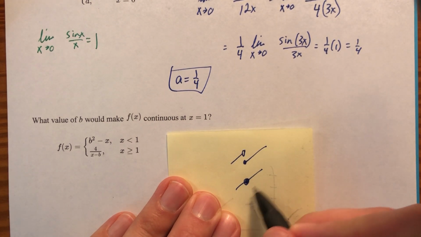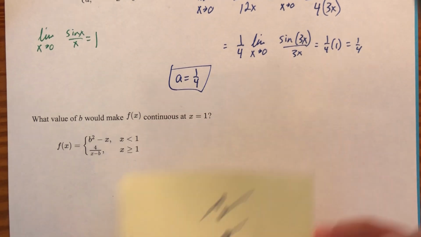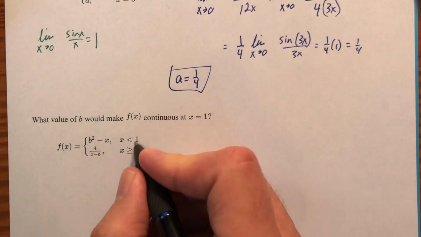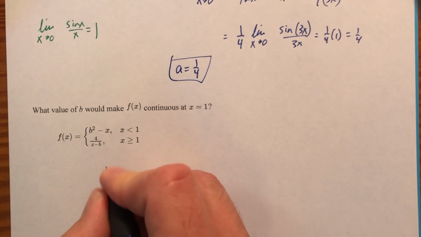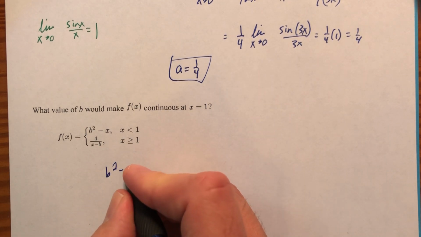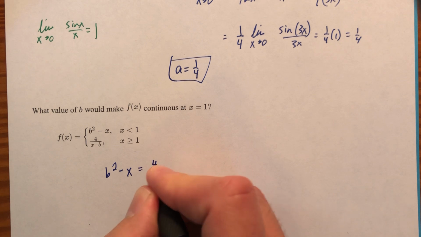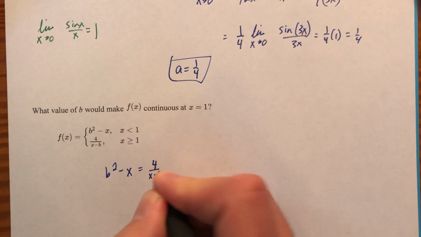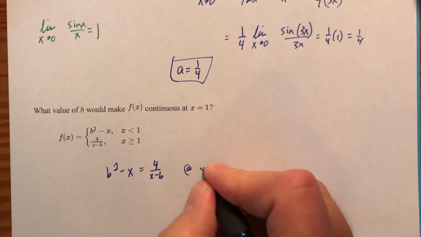We want it to do this. We want it to meet. We're going to get that thing to meet at 1 by saying, well, you know what? b squared minus x equals 4 over x minus b at x equals 1.